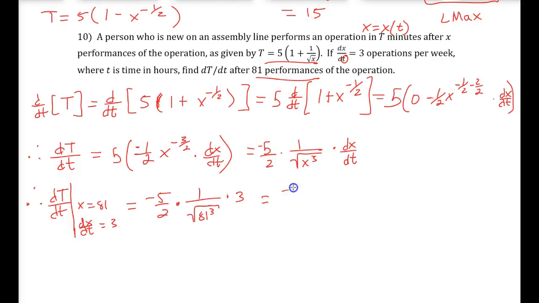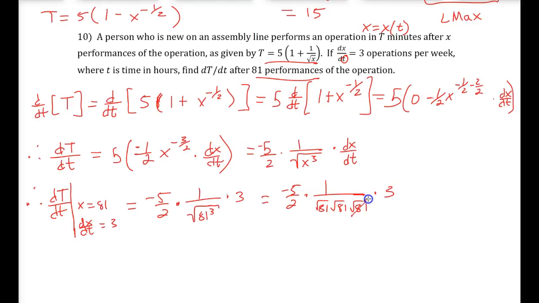So at this point, it's really not algebraic manipulation, but just simplification. We know that the square root of 81 cubed is just the square root of 81 multiplied by itself 3 times, times 3.